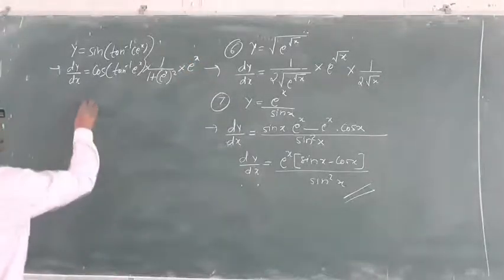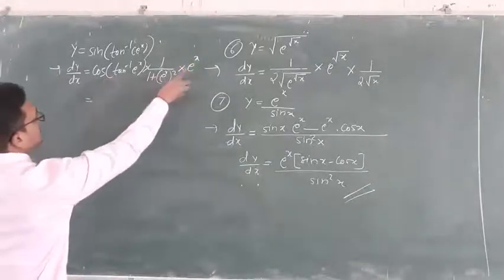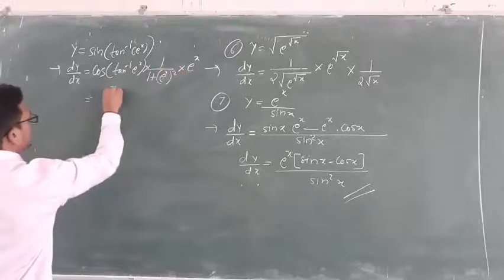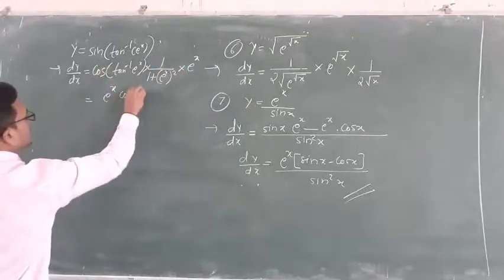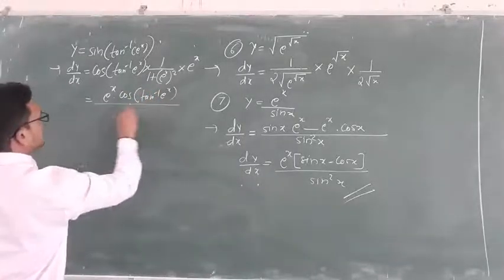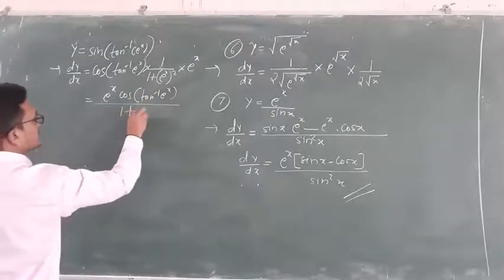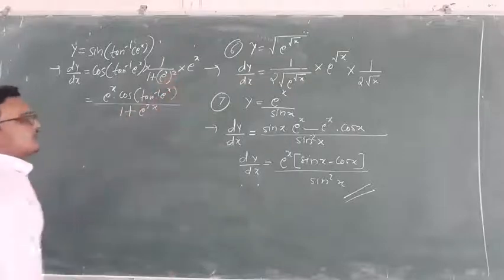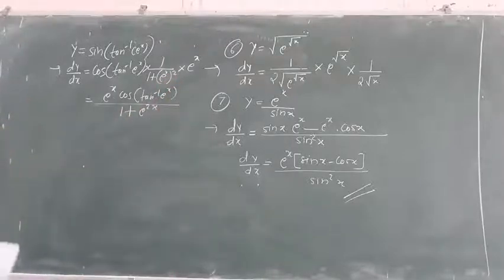Okay, we can simplify. So this is e to the power x into 1, which is e to the power x, into cos of tan inverse of e to the power x divided by 1 plus e to the power 2x, because the powers will get multiplied.